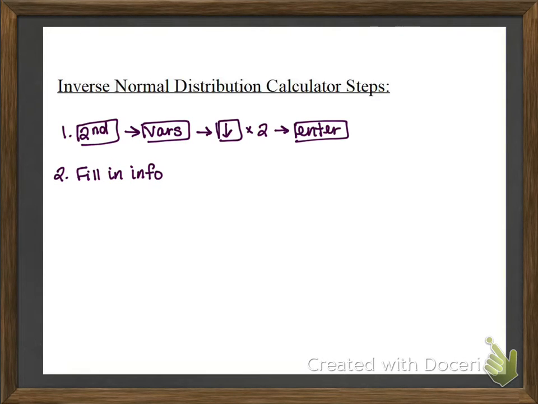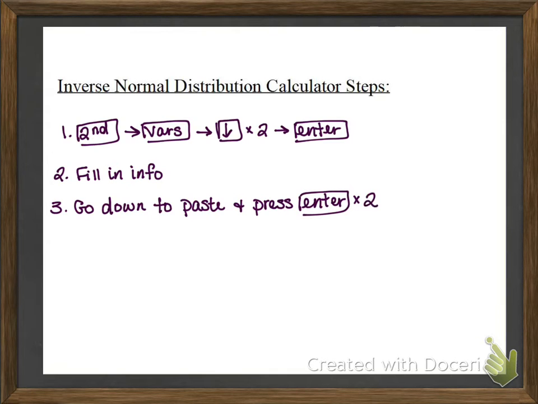However, if you have an older model, it only calculates the area to the left. If you are going to use a school calculator for the AP exam, it will be one of those older models, so I will always be modeling area to the left. But do know, if you have a personal calculator like the classroom calculators, you can change your tail to the right. Once we fill in that info, we're going to go down to paste and press enter 2 times.